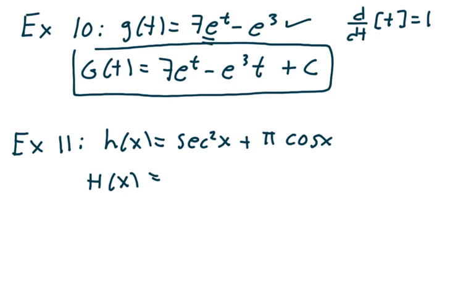And you're going to find that that's tangent x. Okay? And then the pi goes along for the ride, and can we think of a function whose derivative ends up being cosine x? And that's going to be sine x plus c.